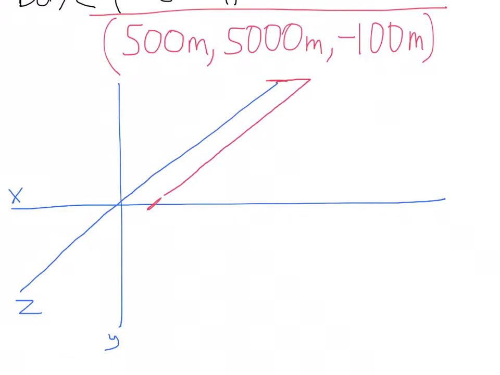And we want to go down about 100. So we got 500, 100, and 5,000. And we want to find the displacement from the origin all the way to this point, which is actually 100 meters beneath the origin.